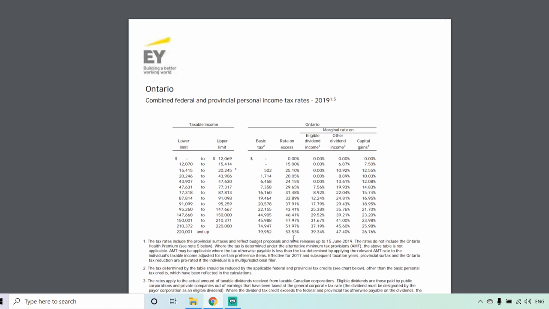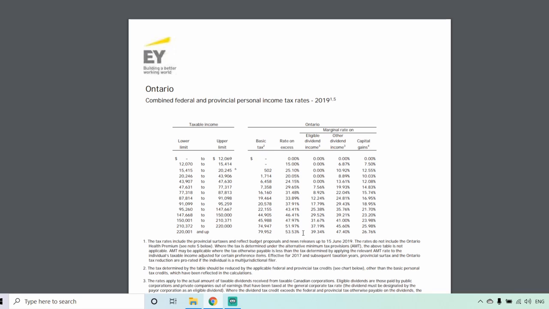Well, I was paying a 53.53% rate on income from $500,000 to $510,000. Anything over $220,000 is taxed at 53.53%. So from $500,000 to $510,000, the tax rate was 53.53%.